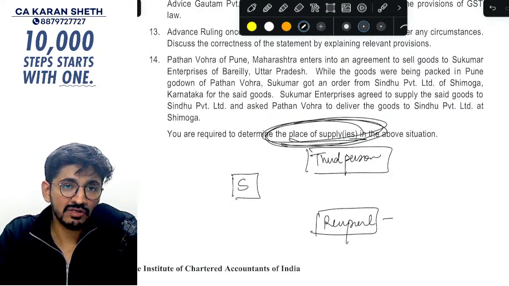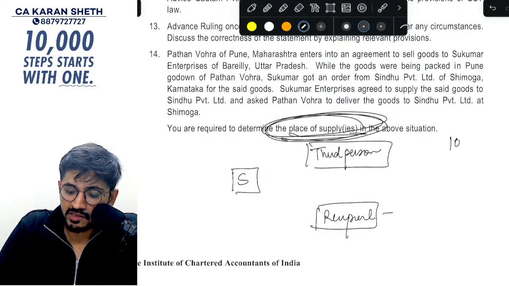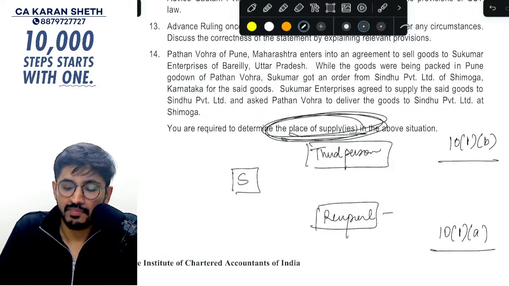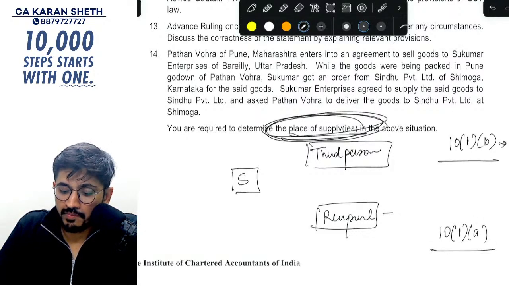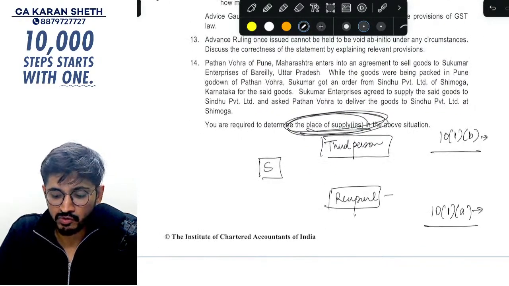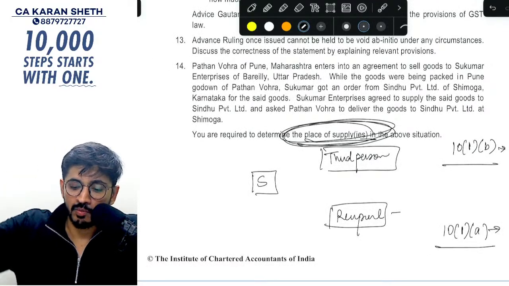So in case of this bill to ship to model, when they ask about place of supply, you will answer as per 10(1)(b) and 10(1)(a). So you will basically talk about place of supply of 2 people out here, because in bill to ship to model there are always 2 suppliers unless I'm sending it to my own branch.